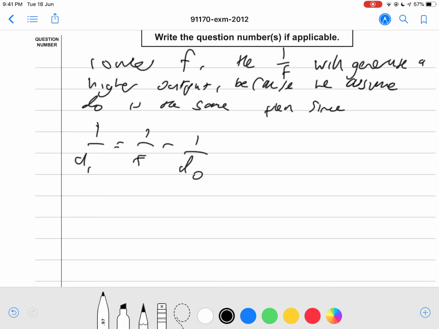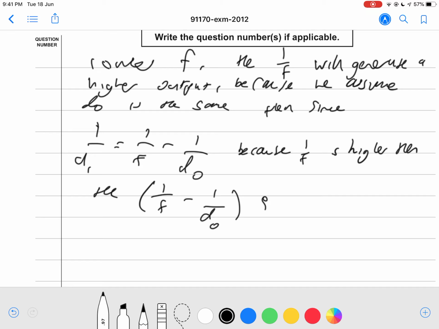Because 1 over f is a higher output, then 1 over f minus 1 over do gives a higher output.